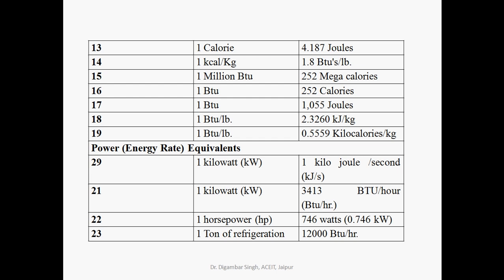For power and energy rate, 1 kilowatt is equal to 1 kilojoule per second, and 1 kilowatt is equal to 3413 BTU per hour.